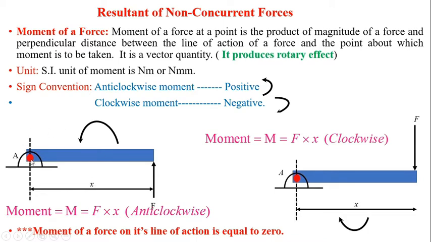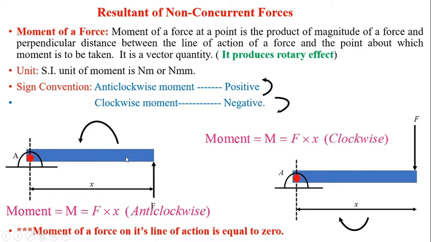So, here this is the pin and this is point A. On this rod force F is acting. This is the line of action of the force, which means a line along which the force is acting. And this is the perpendicular distance between the line of action of force F and point A.